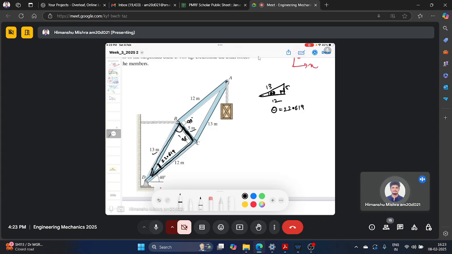Here you have to use the rule of triangles, which says that the summation of all angles should be equal to 180. So if one angle is 90 and another angle is 22.619, then we have to find the third angle, which is this.